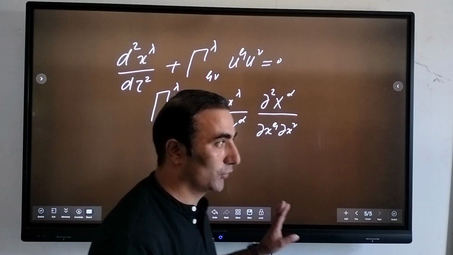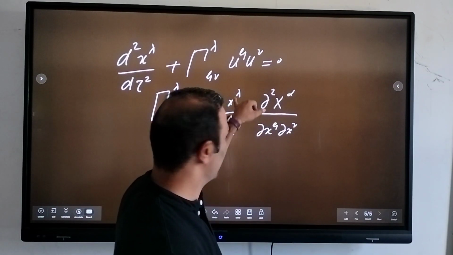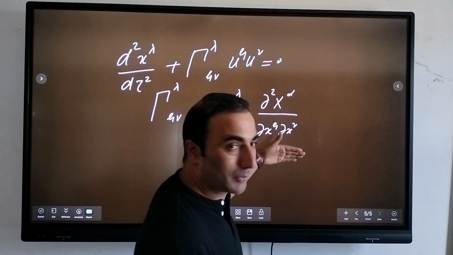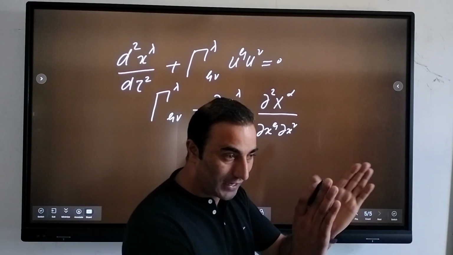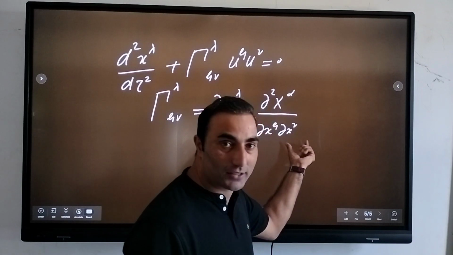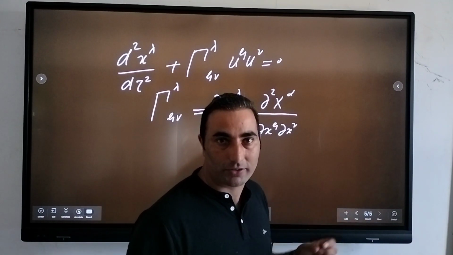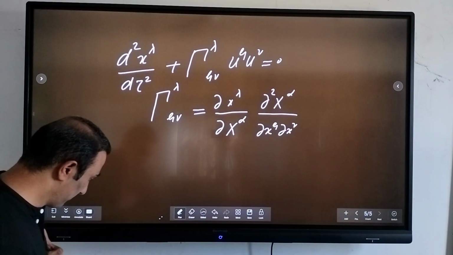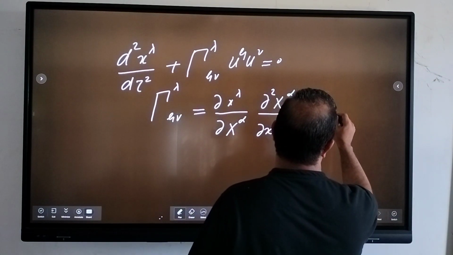Remember that wherever we have capital X and small x, this is the variation of the old with respect to the new coordinates, right? The old coordinates are those of the book and the new coordinates are those of the Earth. These are related to the coordinate displacement of the Earth. And this is called the affine connection.